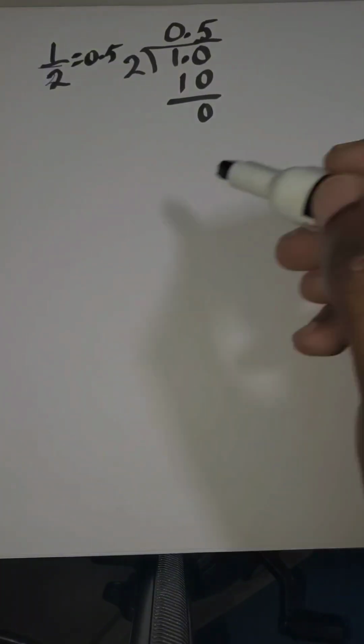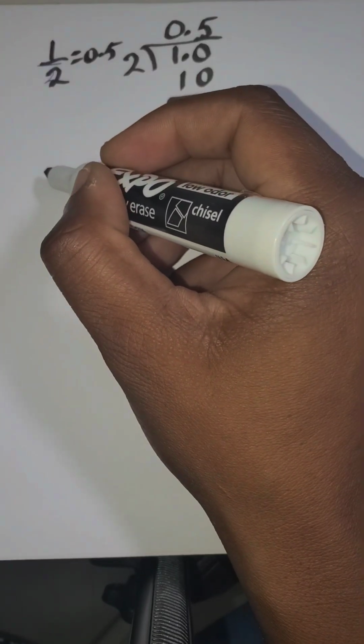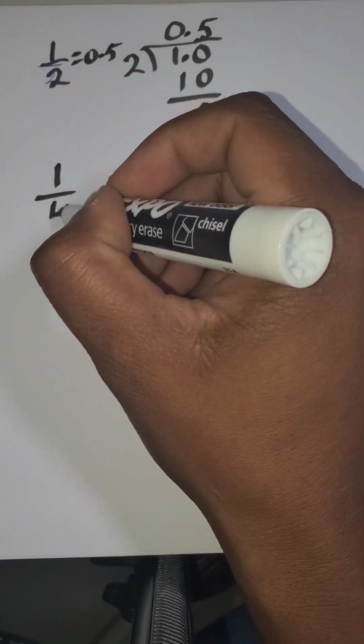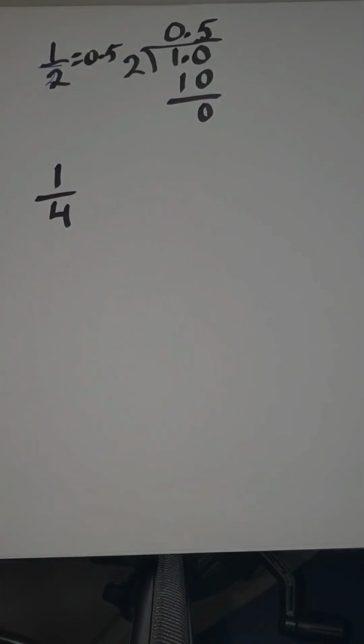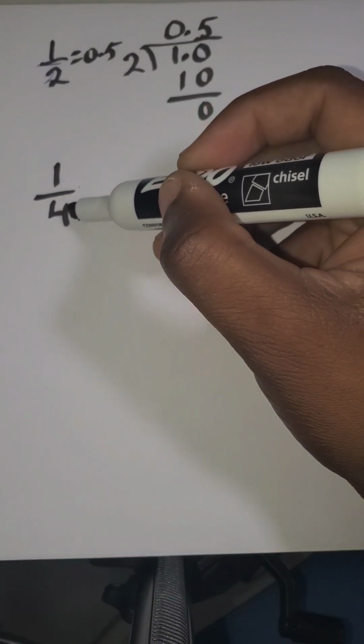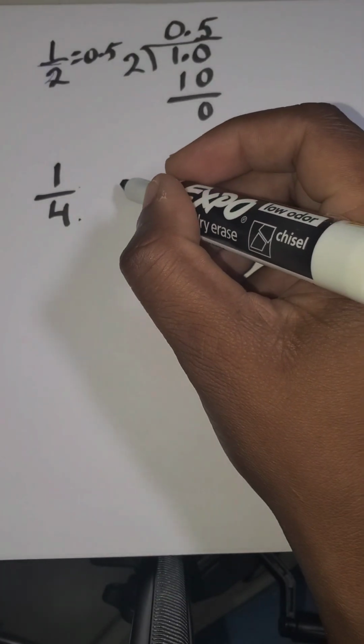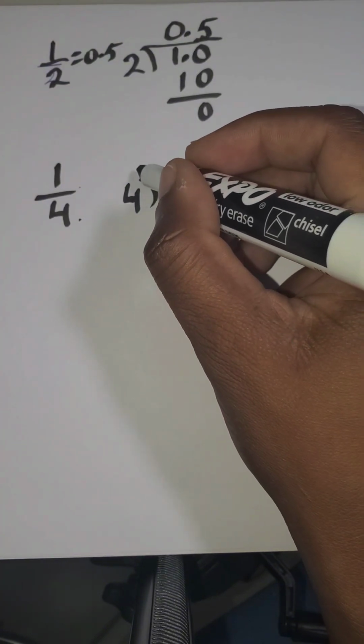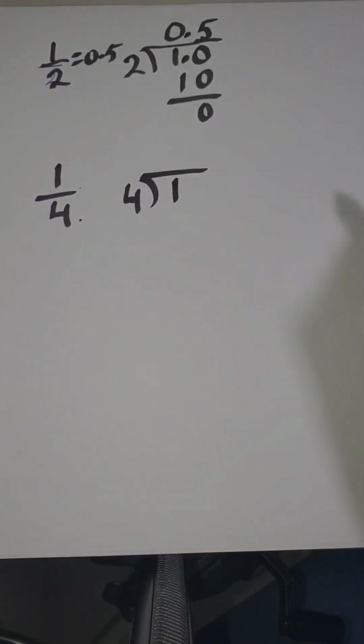Let us do another example. Let us say that we have 1 over 4, and we are asked to change 1 over 4 into a decimal. Again, we remember that 1 over 4 means 1 divided by 4. That means the 4 is out there and the 1 is in there.